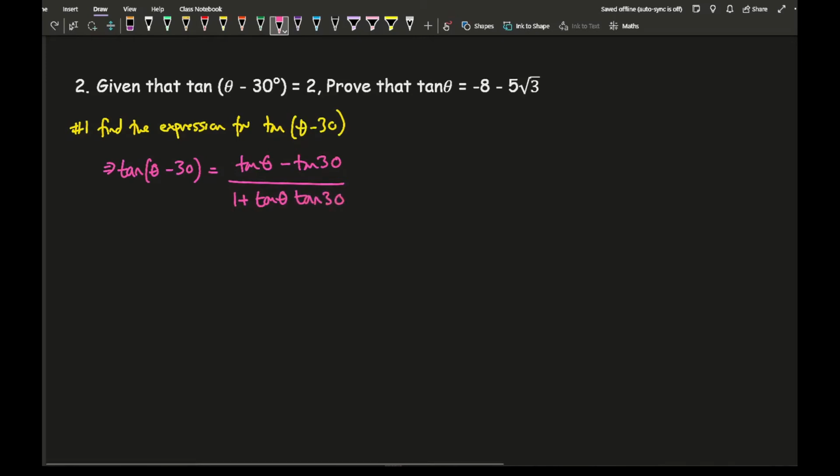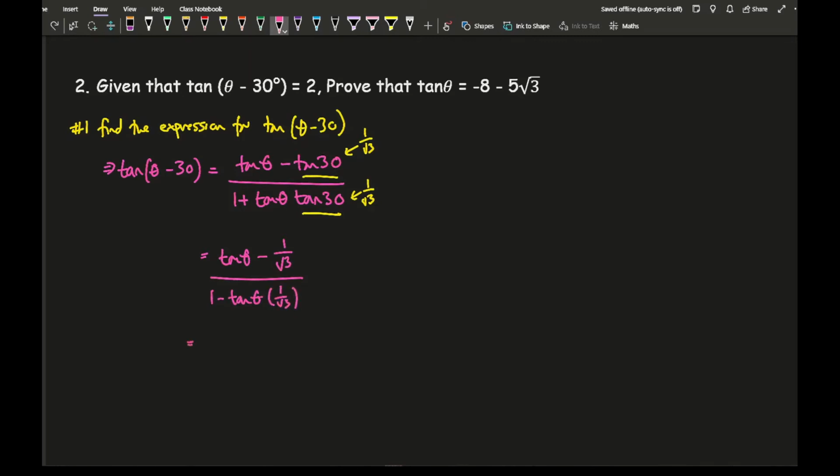I should know the value of tan 30, which is just 1 over root 3. If I then simplify that, I get tan theta minus 1 over root 3, over 1 plus tan theta times 1 over root 3.